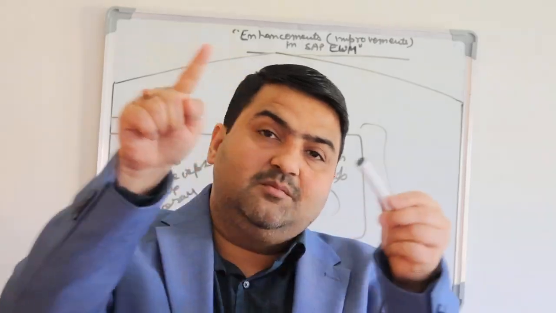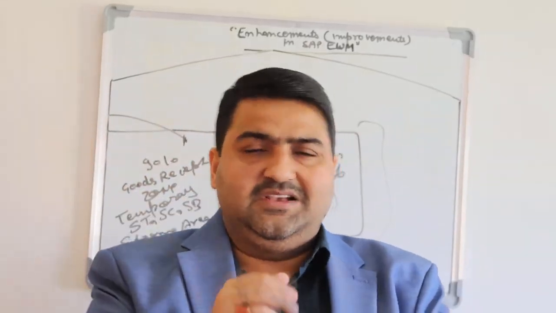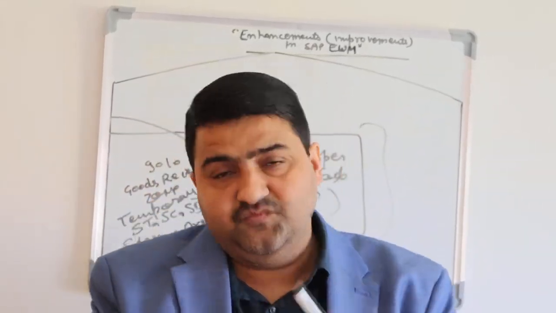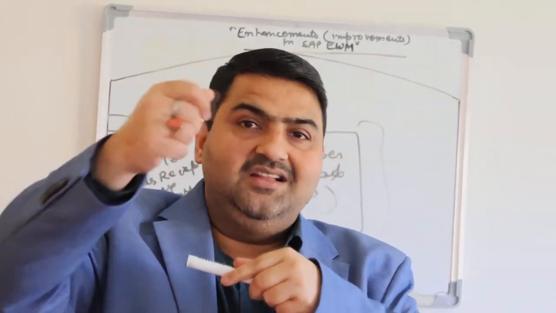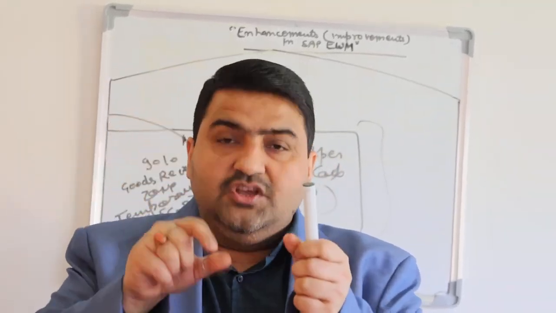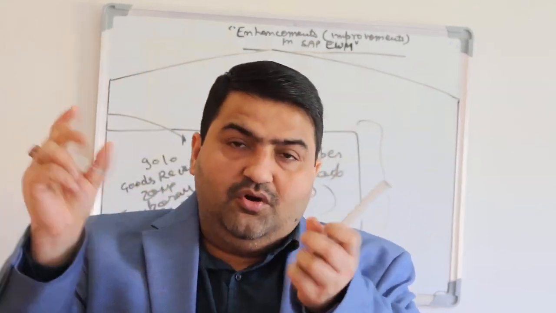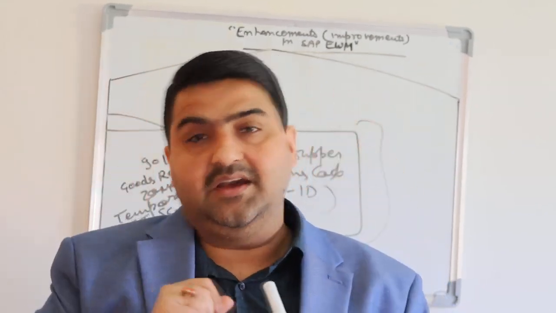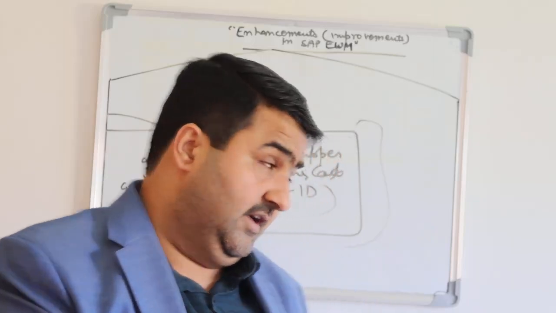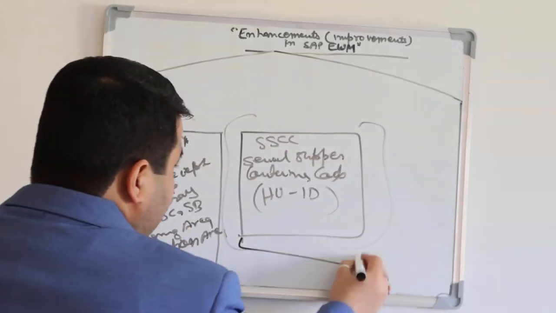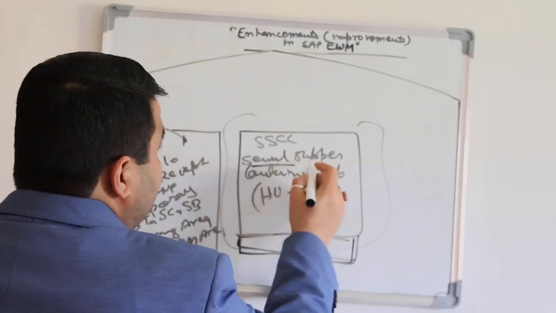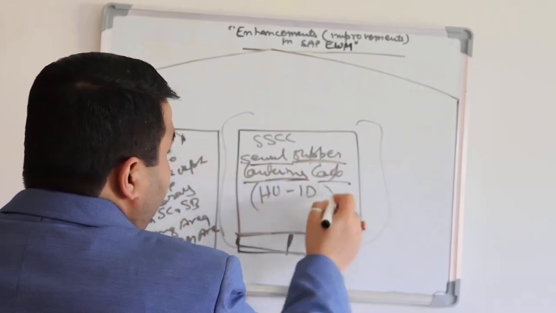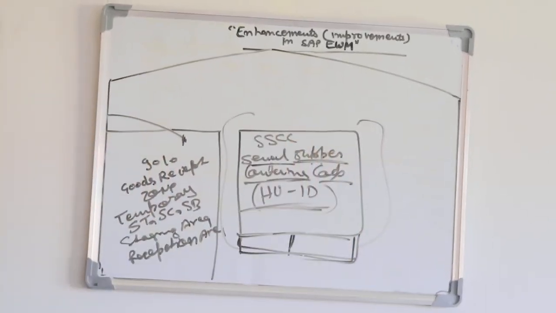The box is just a simple example, because I relate the example to the real world. If you open a mobile phone box, this is nothing but a small container, a different kind of container. So HU is nothing but a container. At runtime we consider this as a container. That's why serial shipper container code is nothing but a HUID.